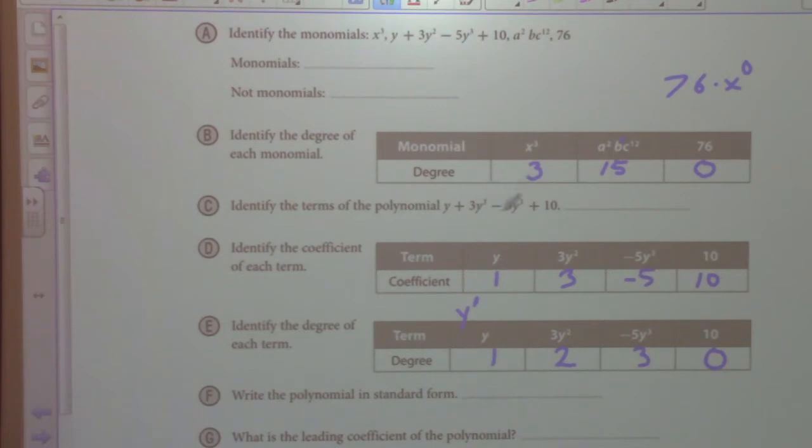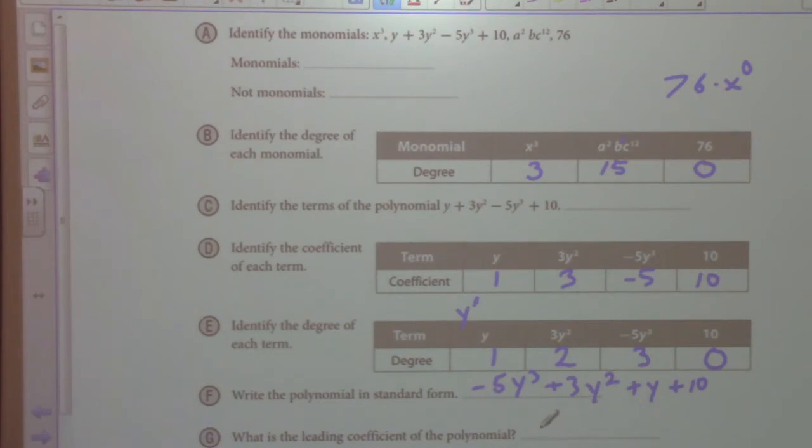We look at this: this is the third power, so that's going to be our first term. -5y cubed, and then what's the next one? Plus 3y squared, and then plus y plus 10.